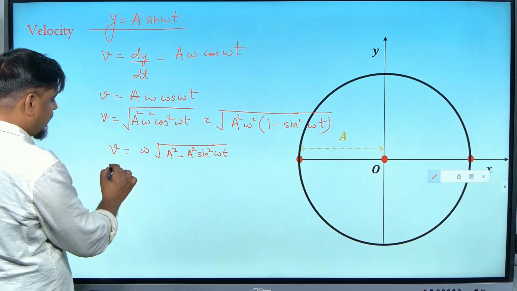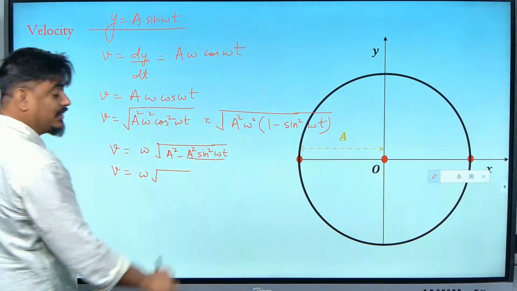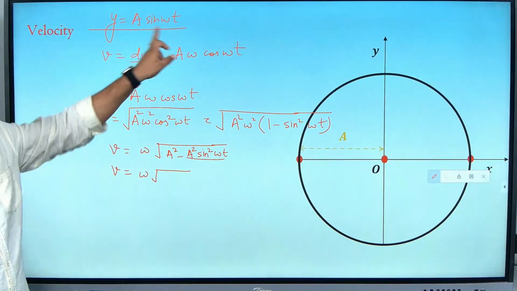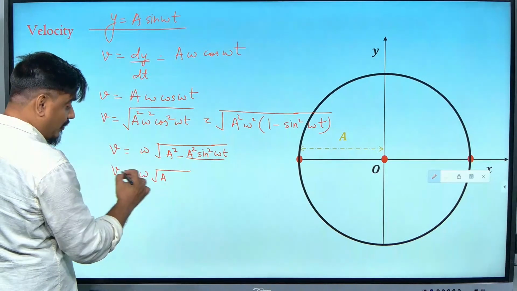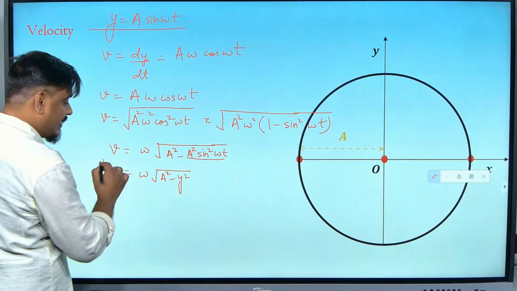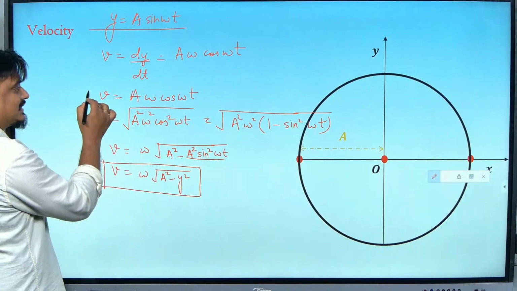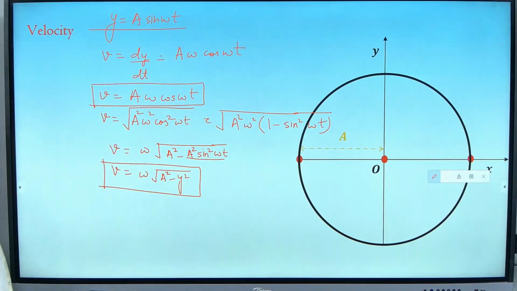Now tell me, what is a sine omega t? What is a sine omega t? y. So I will get V is equal to omega into root over a square minus y square. Velocity has this equation also, or it can be written as this equation also.